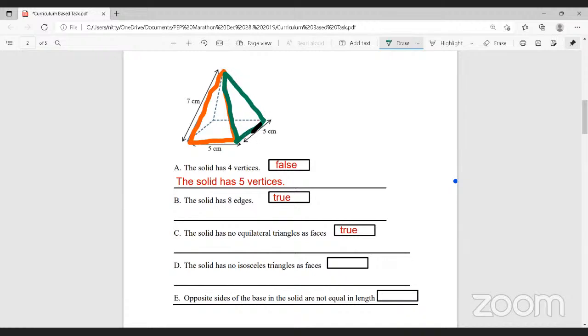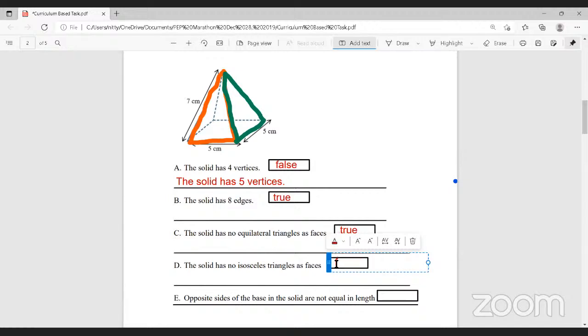And this length here that is a part of the square base is 5 centimeters. So therefore, this is also an isosceles triangle. So where it says the solid has no isosceles triangles as faces, that is false because the triangles are all isosceles triangles. So we're going to put our answer in as false.